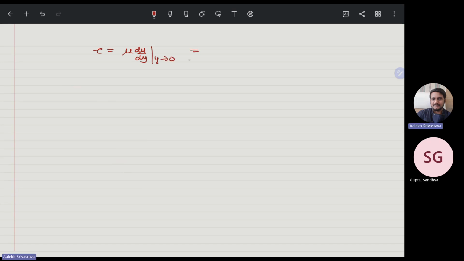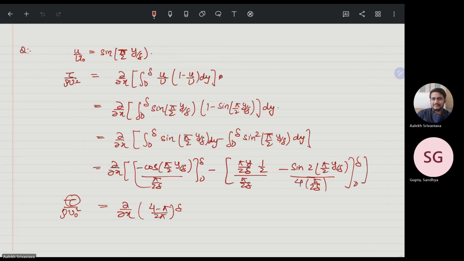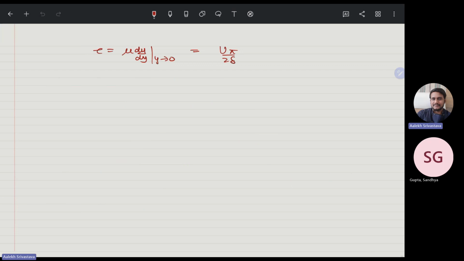If you put the expression, you will get mu u pi by 2 delta. So it is (4 minus pi)/(2 pi) rho u square d delta by dx equal to mu u pi by 2 delta.